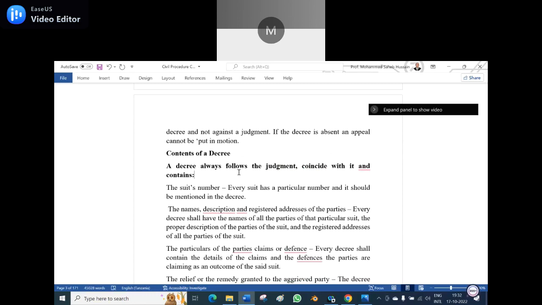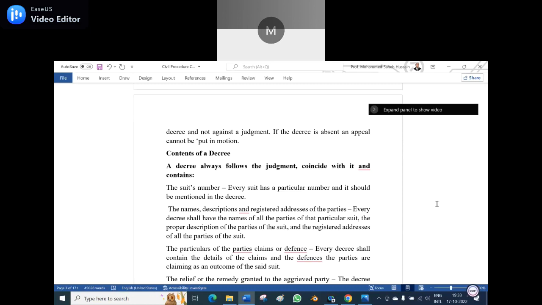Every suit has a particular number and it should be mentioned in the decree. A suit number is there. And the names and description and registered addresses of the parties. Every decree shall have the names of all the parties of that particular suit, the proper description of the parties of the suit.